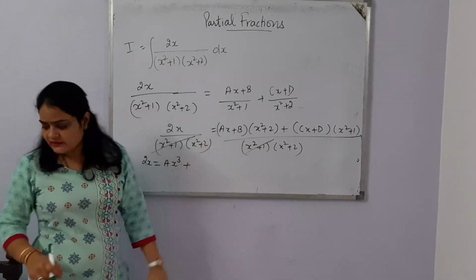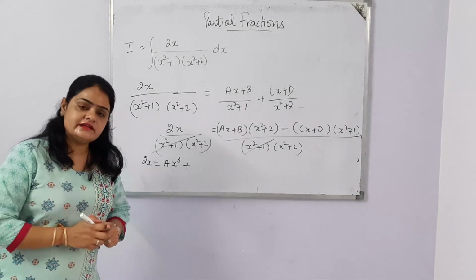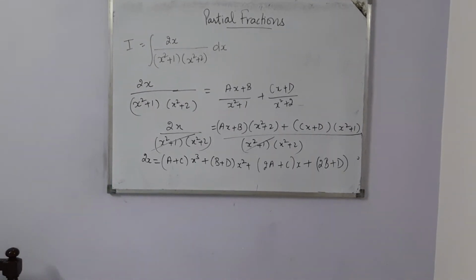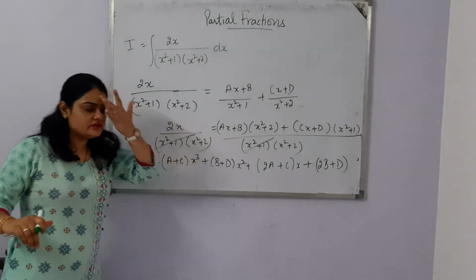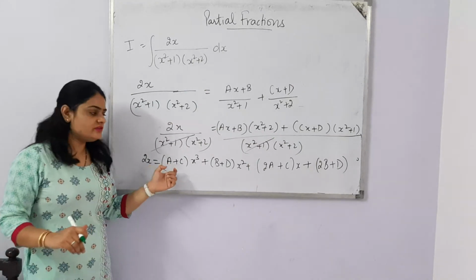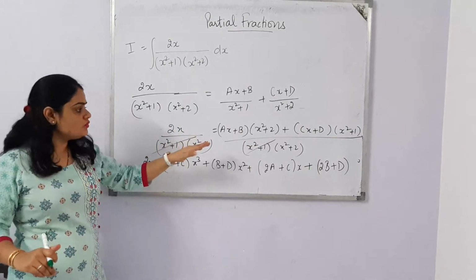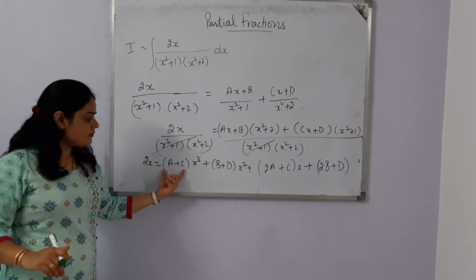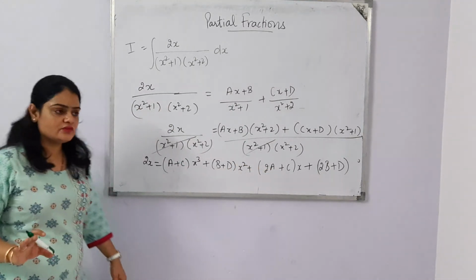I have already done the calculation and am just writing it directly. If you want to see how this comes, you can do the multiplication yourself. Taking x cube as common, then x square as common, then x as common, you will get this whole expression.